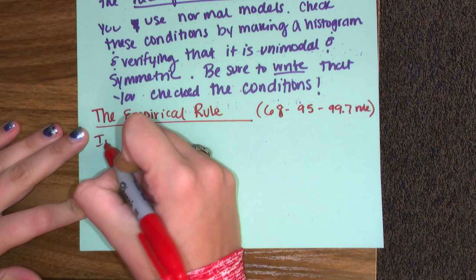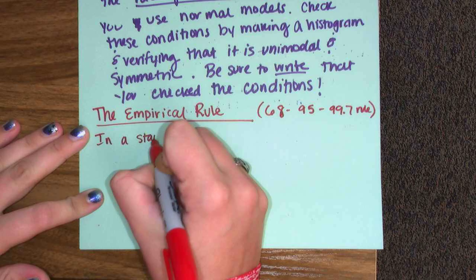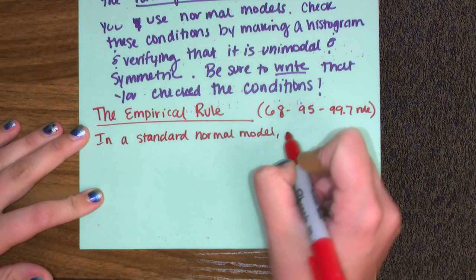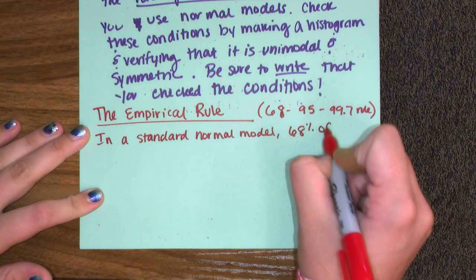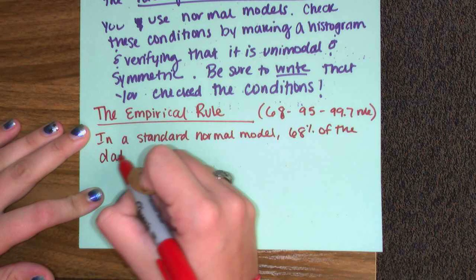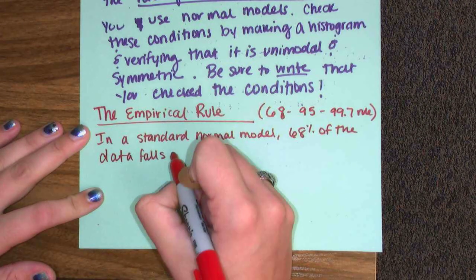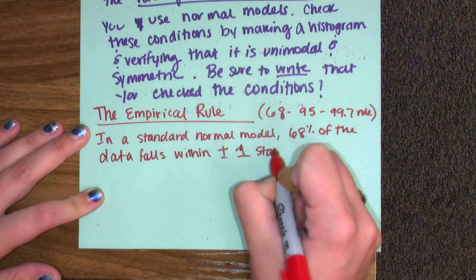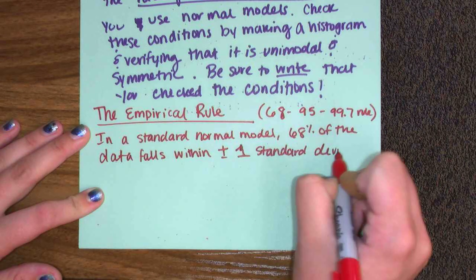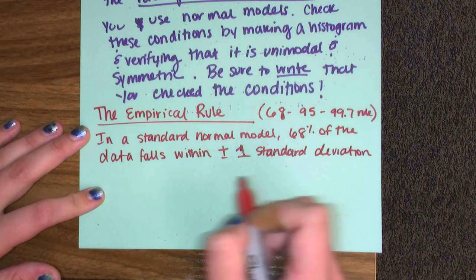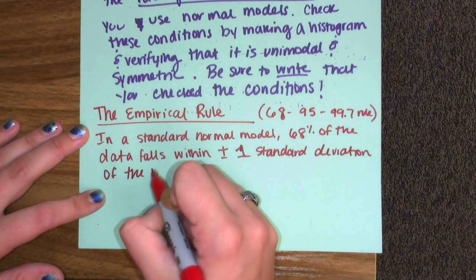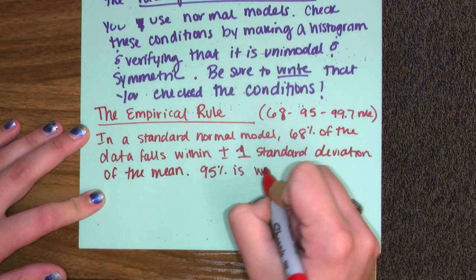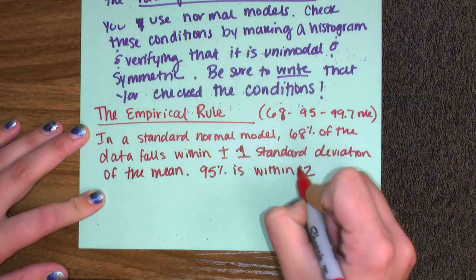So in a standard normal model, 68% of the data falls within plus or minus 1 standard deviation of the mean. 95% is within plus or minus 2 standard deviations.